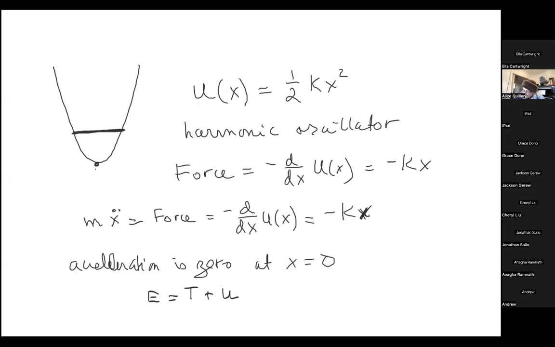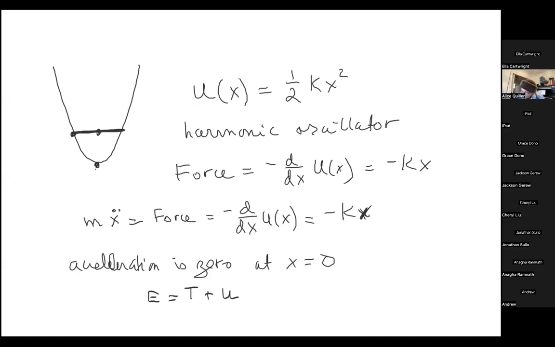At this point the energy is equal to the potential energy, but at this point the potential energy is 0, and so the energy is equal to the kinetic energy. It goes back and forth between kinetic and potential energy.